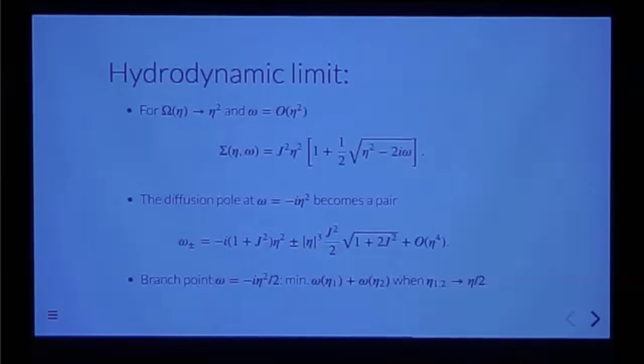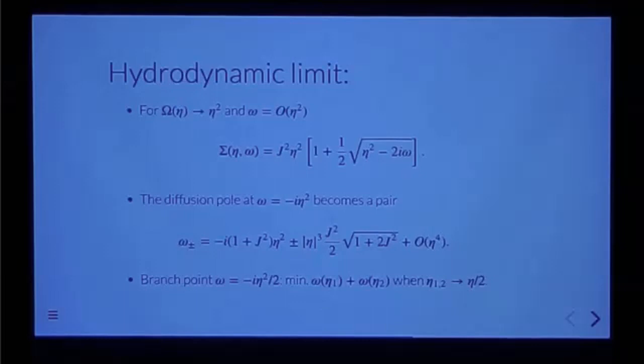So the behavior of the structure of the correlation function is the diffusion pole, which appears at minus I eta squared, becomes a pair of poles where the coefficient of wave vector eta squared is renormalized, and there's also an eta cubed term which appears, which is real, plus or minus.